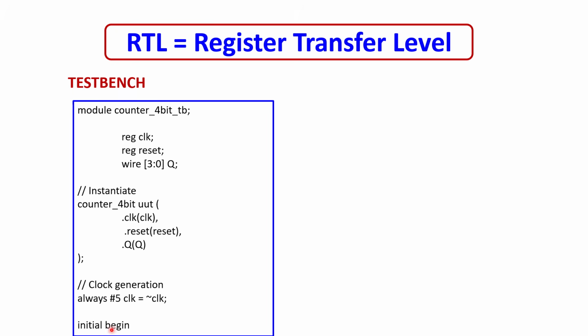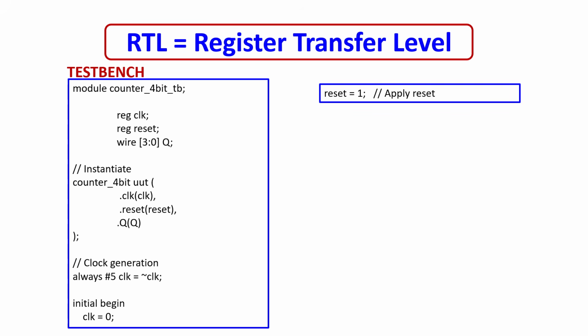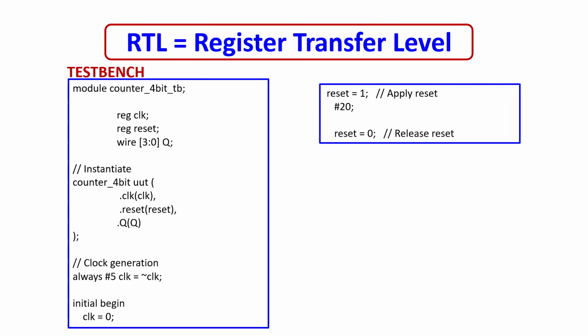Next, we are starting the initial begin. That is, we are making the clock 0 and we are making the reset 1, so that we are clearing everything, and waiting for 20 nanoseconds, and then the reset is made 0. We are making the reset 0 to start the counter operation, and then here we are giving a 300 nanosecond wait.